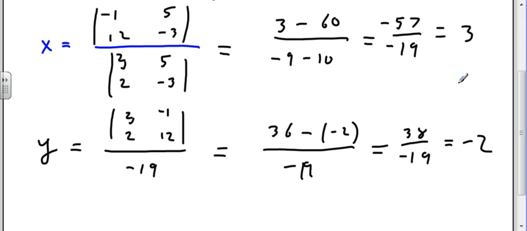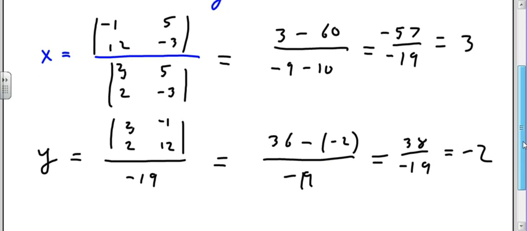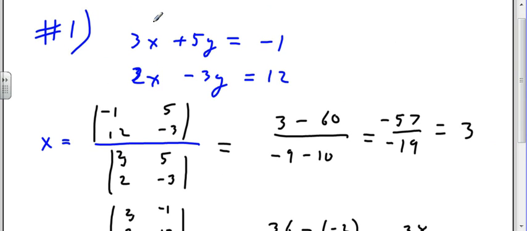So x is 3 and y is minus 2. I go back up. If x is 3 and y is minus 2, then that checks. So those two answers check, and I imagine somebody put it in their calculator and already knows that anyway.